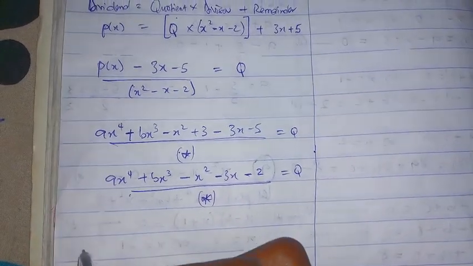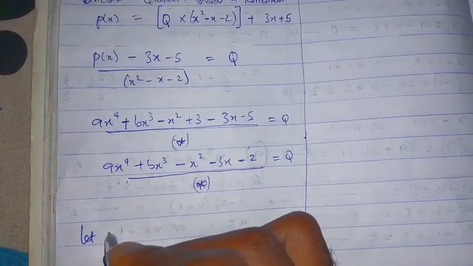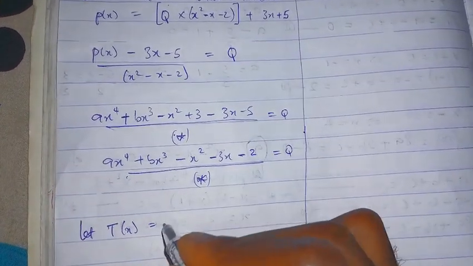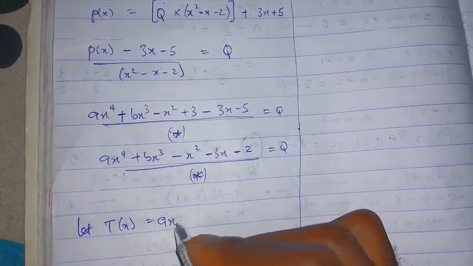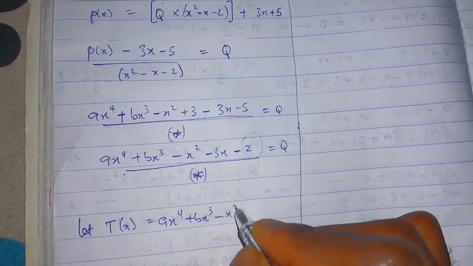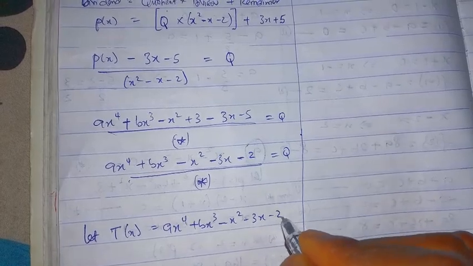So what do I mean? I can now let t of x be equal to this new polynomial, ax raised to power 4 plus bx cubed minus x squared minus 3x minus 2.